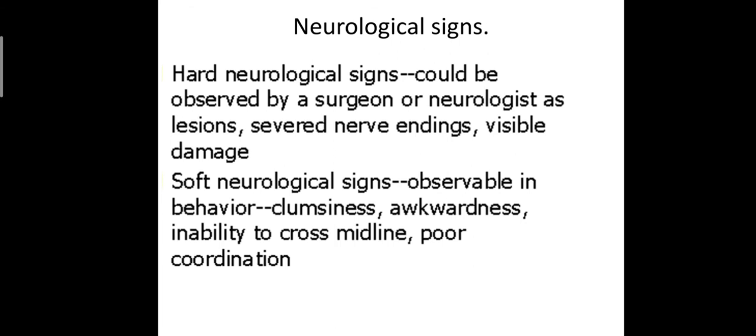Soft neurological signs are observable in behavior: dumbness, awkwardness, inability to cross the midline, poor coordination. This is the difference between hard and soft neurological signs.